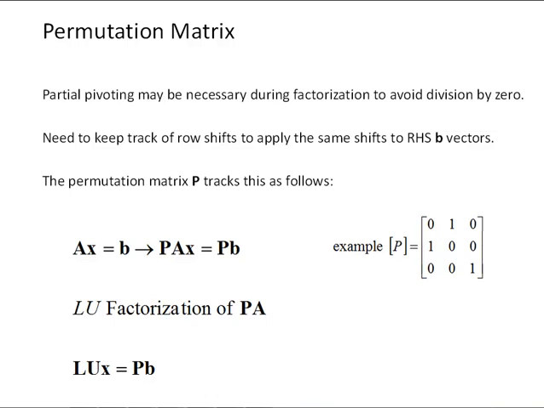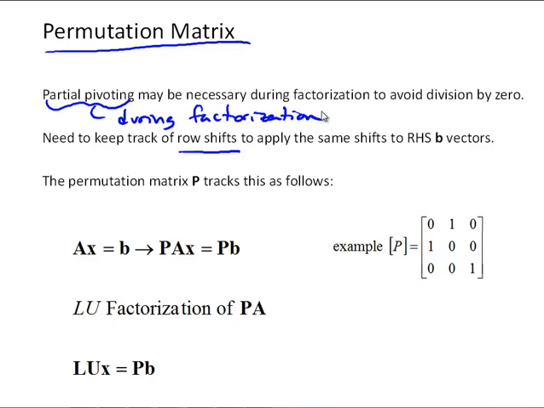So in order to do that, we use what's called a permutation matrix. And the permutation matrix, again, is going to basically keep track of the row shifts that we do when we're doing partial pivoting on the matrix A during Gauss elimination. So we would actually do the partial pivoting during the LU factorization. Okay, so this partial pivoting now, we're still going to do it, but now it's during the factorization.